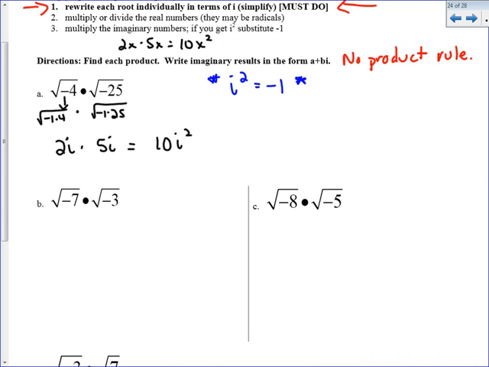If you ever get an i squared in an answer, we've got to replace it with its real equivalent. i squared equals negative 1. So we're going to take this i squared here, and we're going to replace it. So this is 10 times negative 1. So wherever we get an i squared in an answer, we can replace it with a negative 1. So the answer, negative 10.